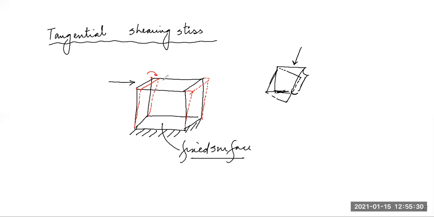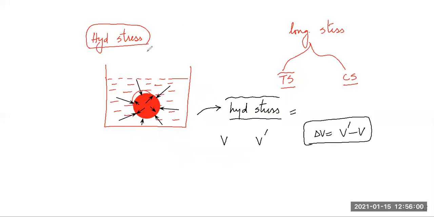Now you could say the upper surface of the body on which the force is applied shears, or you can say the upper surface of the body slides towards the right side a bit. So now there's no net change in the volume of the body, as was the case in hydraulic stress, where the volume changed to V dash.